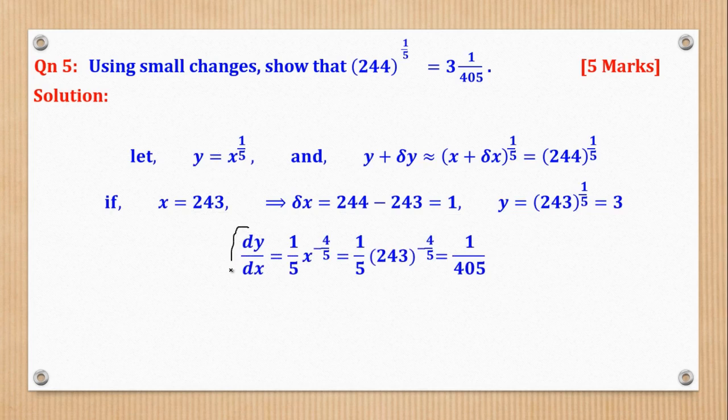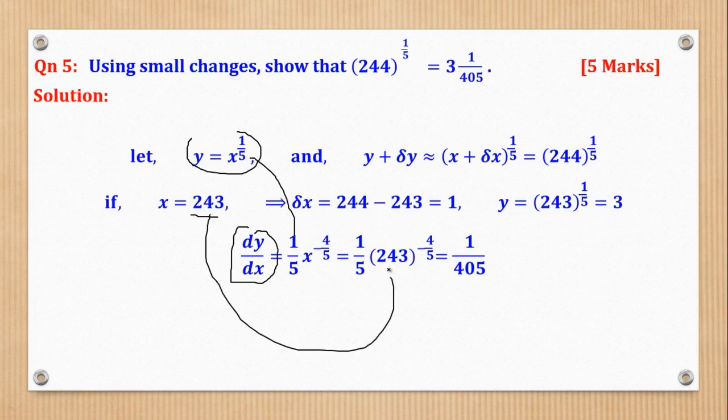So let's first get dy/dx. So dy/dx is got by differentiating this to come up with 1 over 5 x power negative 4 over 5. But I already know that x is 243, so come and substitute for x to come up with 1 over 405.